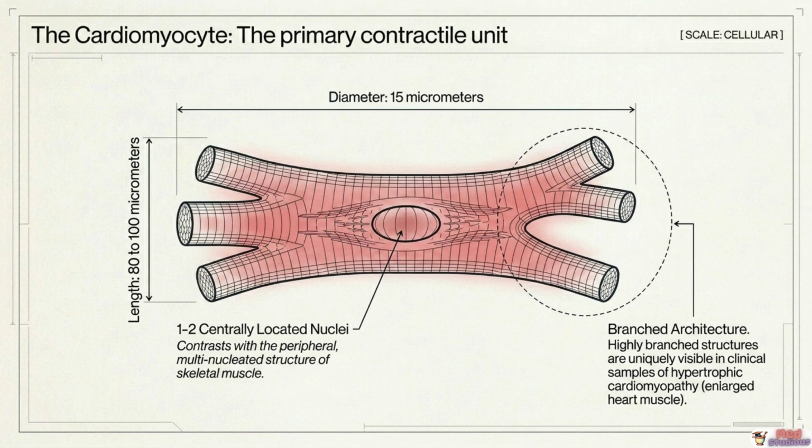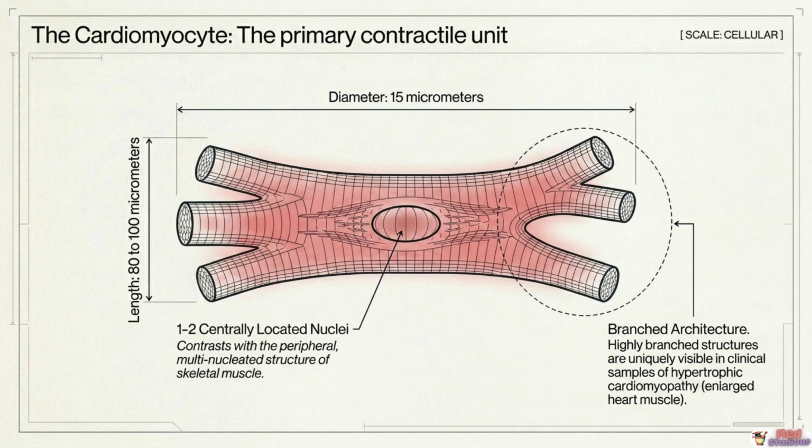This narrow profile is absolutely critical, as it ensures rapid diffusion of ions and oxygen across the cell membrane. Unlike skeletal muscle cells, where multiple nuclei are pushed to the peripheral margins, the cardiomyocyte typically features one or two centrally located nuclei. Its defining physical characteristic, however, is its distinctly branched architecture.